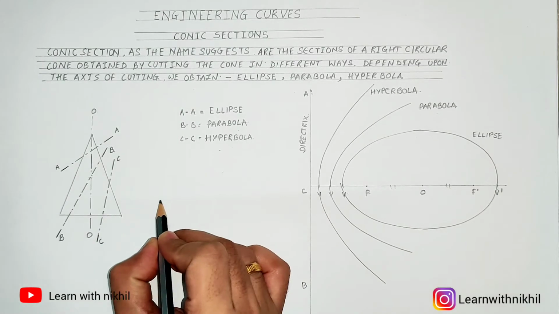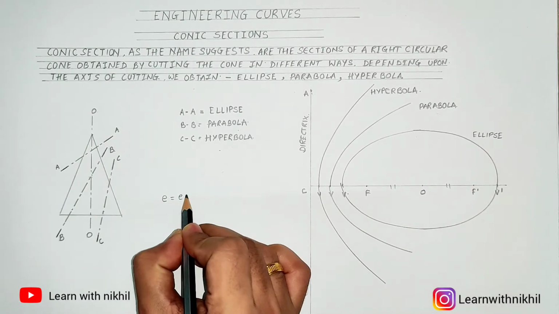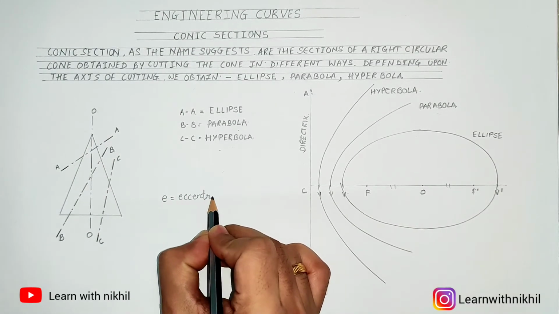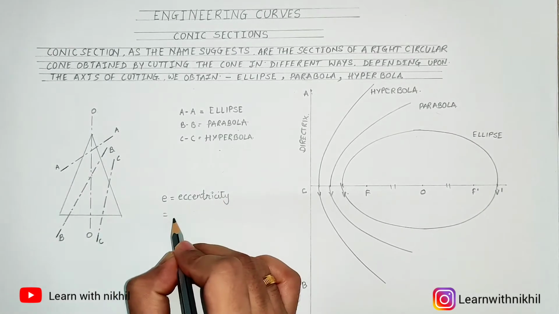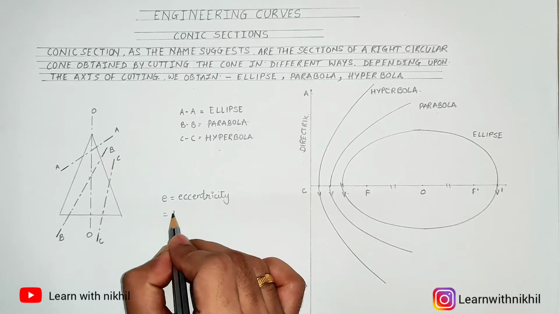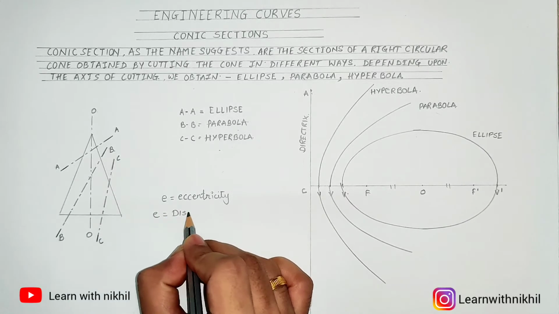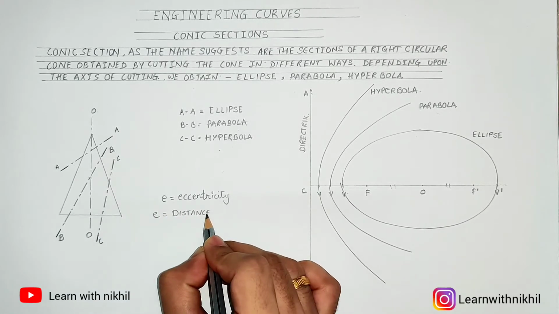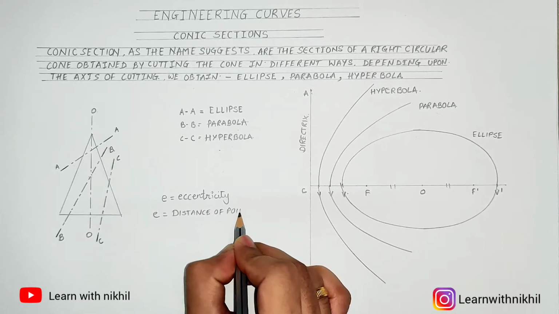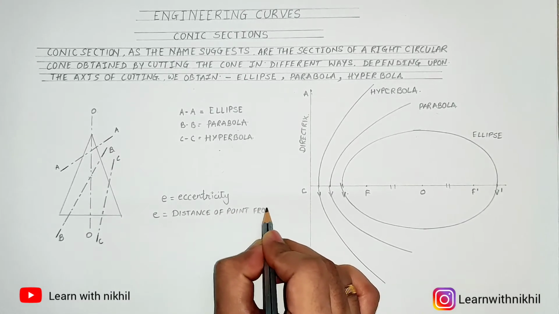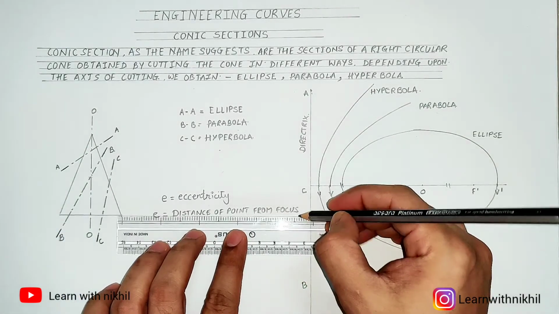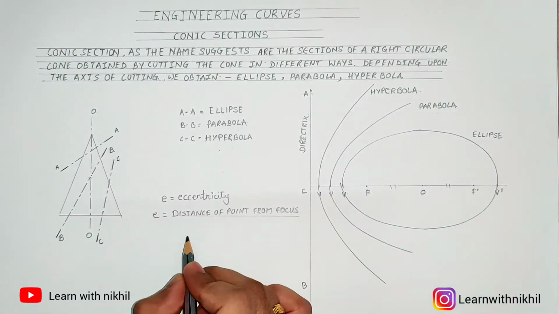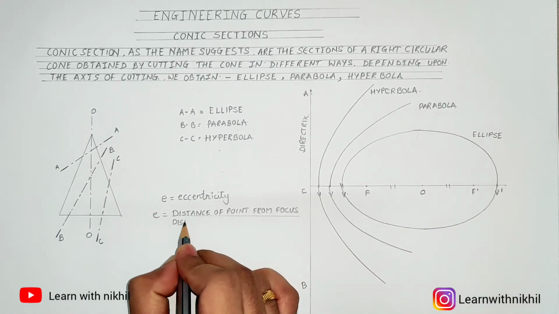Now the next important word you will hear whenever you come across the ellipse, parabola, hyperbola, that is eccentricity. The definition of eccentricity says that it is the distance of a point from the focus upon the distance of the point from the directrix.